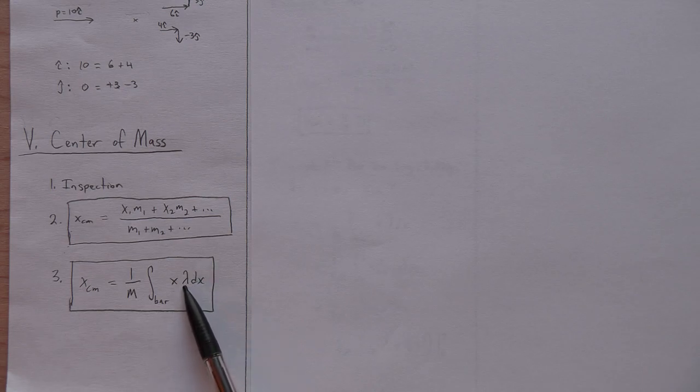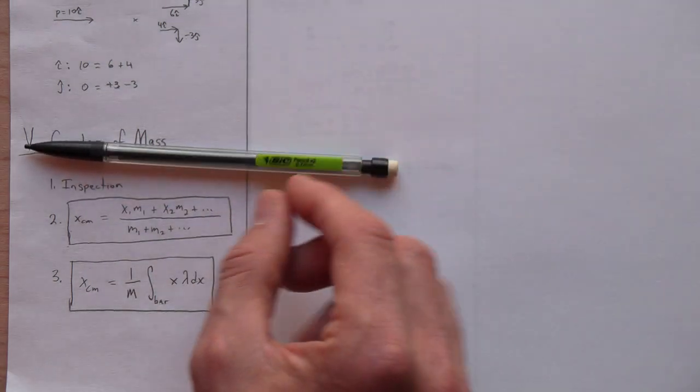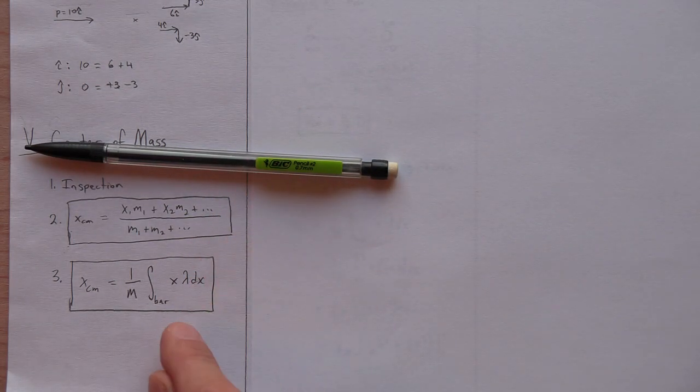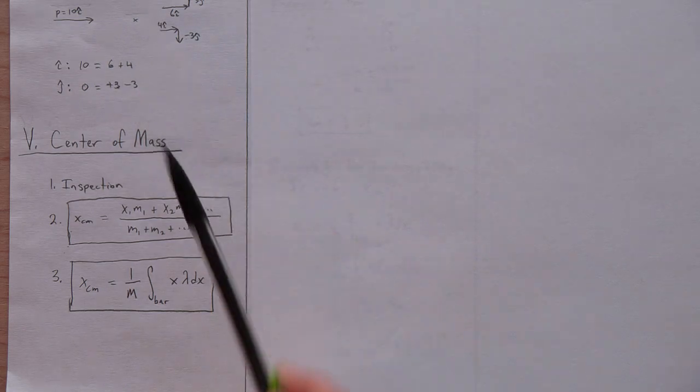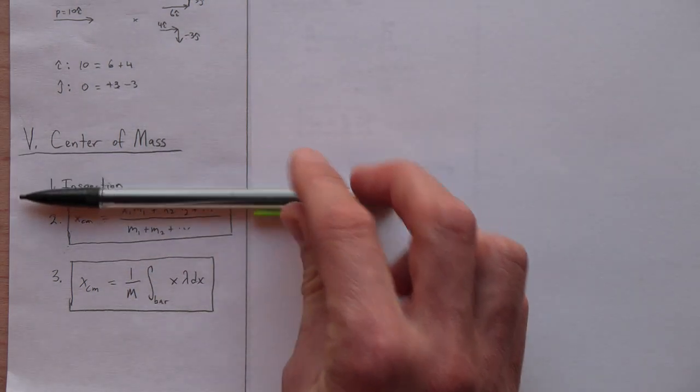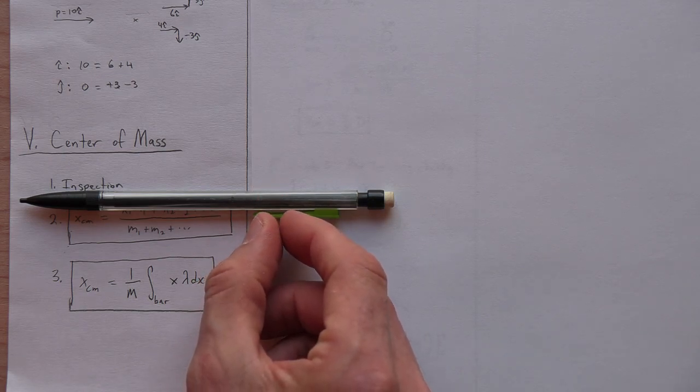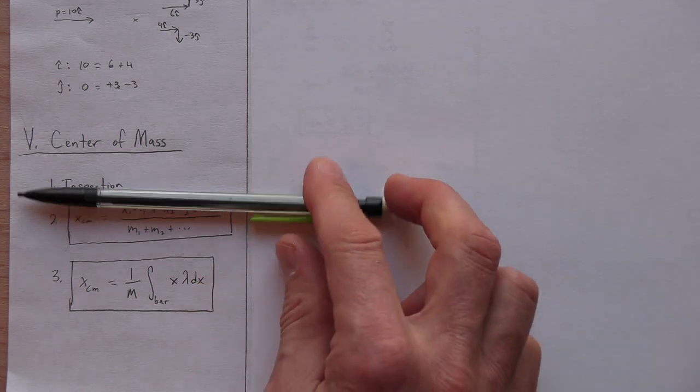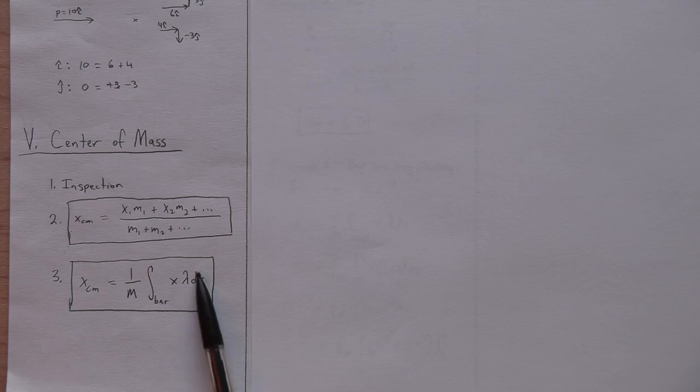Lambda is the kilograms per meter, and then you multiply by the length of a tiny dx of the bar, like a millionth of a meter. So kilograms per meter times meter gives us the kilograms in a small slice dx of that bar. So we're adding up x times mass, just like here, and then dividing by the total mass. So they're kind of the same formula.